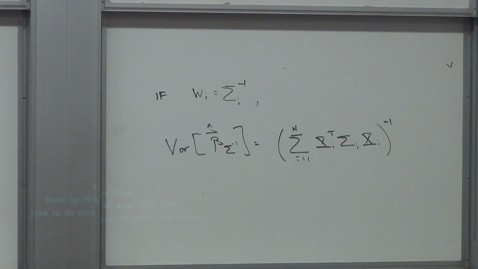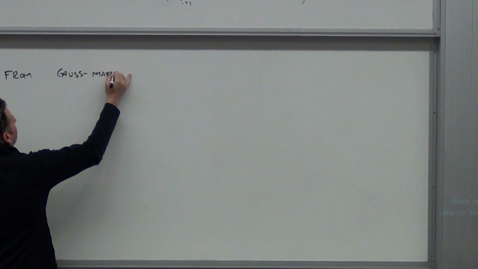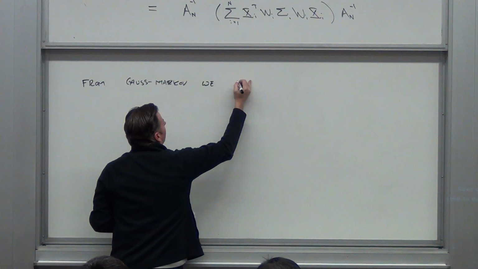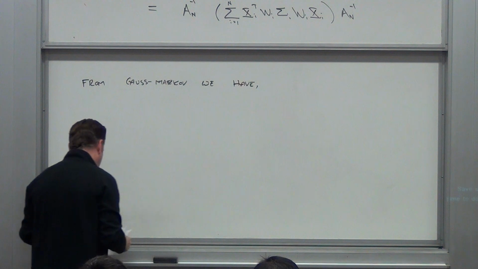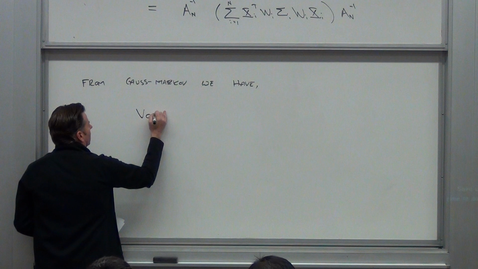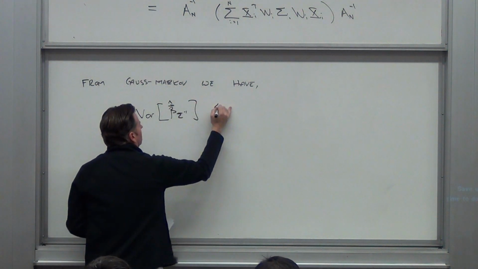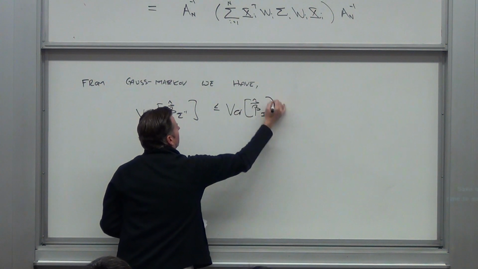What do we know about the relationship between beta hat sigma and beta hat I for independence? You have it in your notes, so it's not a big surprise, but by Gauss-Markov, the variance of beta hat sigma inverse is going to be less than or equal to the variance of beta hat I.